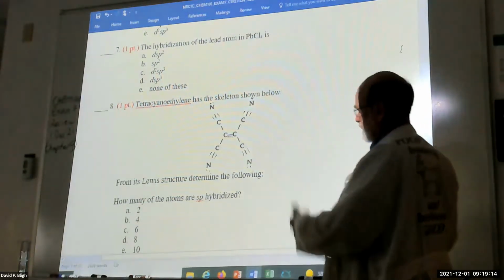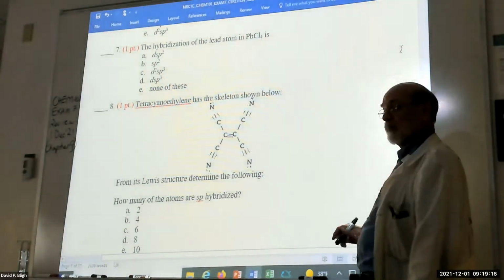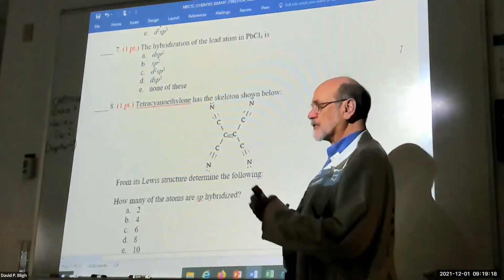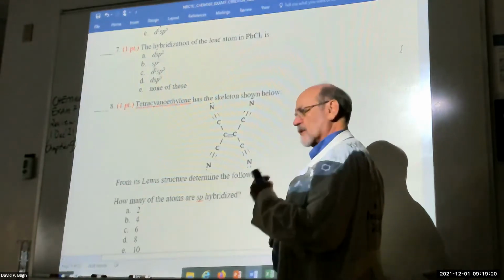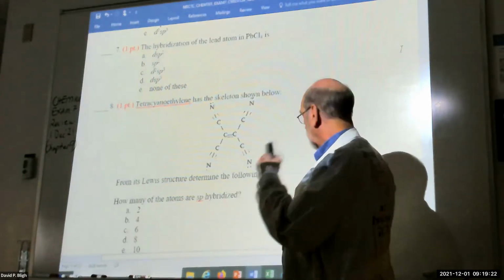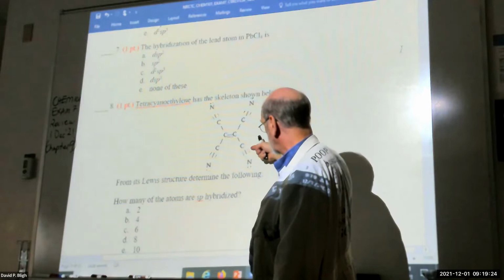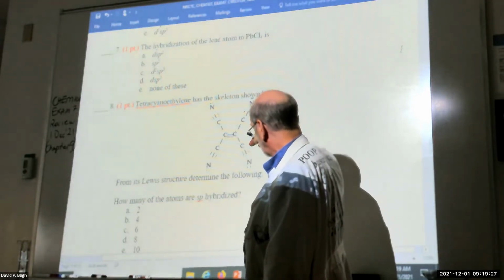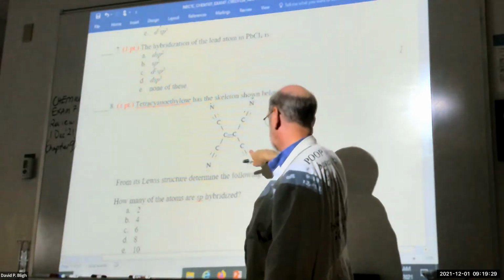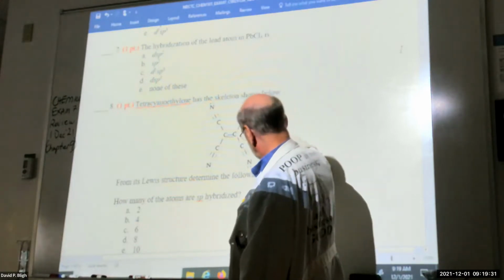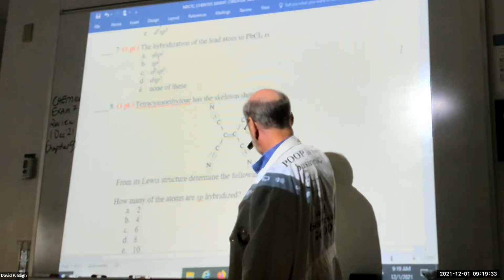So now let's go back to the question. For sp hybridization, we need a triple bond, or we need 2 groups around the atom. And in this case, we have 1, 2. This one's got 1, 2, 2.